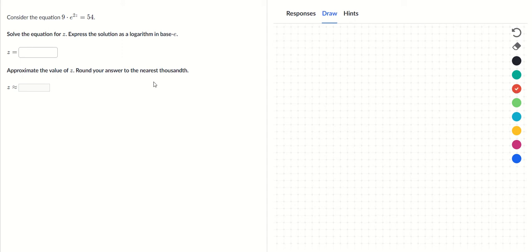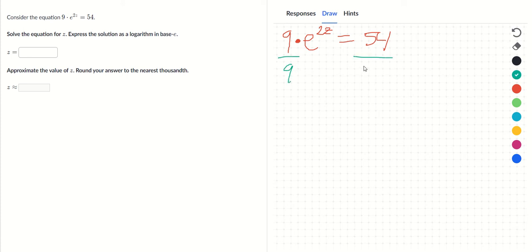All right. So, in regards to the first part, let's go ahead step by step. Write your equation. 9e raised to the 2z power equals 54. Now, what you want to do in that case is get rid of 9.